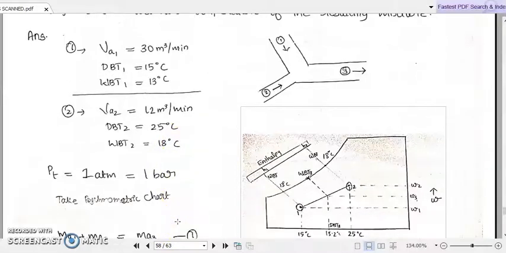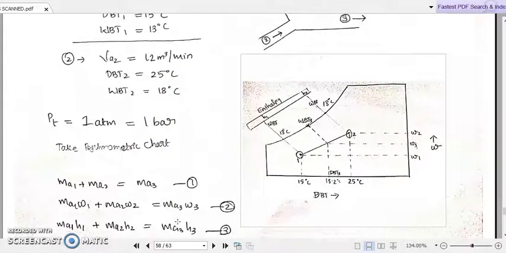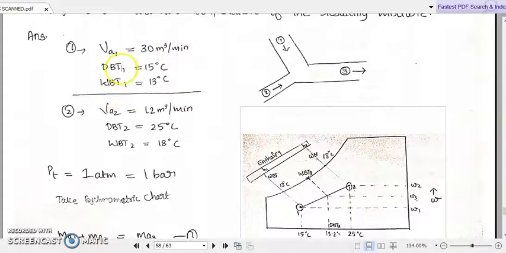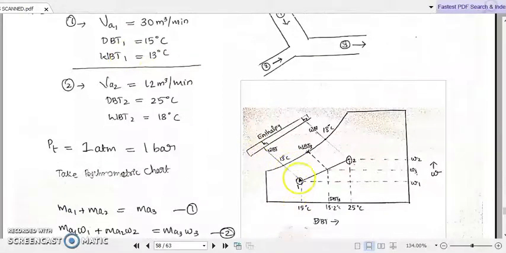Okay, so in the previous video I have mentioned how we can represent this mixing of air streams. First of all, using this idea, we know the dry bulb temperature and wet bulb temperature of the first stream of air. We can easily mark it.